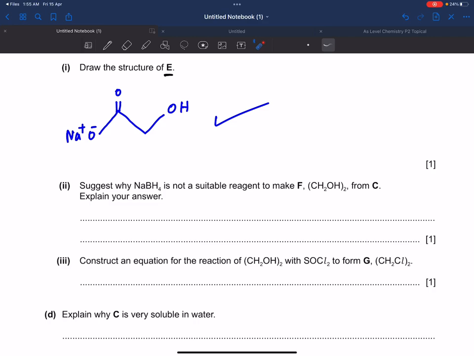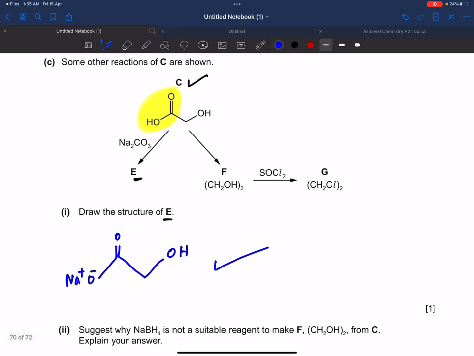Sorry for the noise. Okay. Suggest why NaBH4 is not a suitable reagent to make this from C. Explain your answer. Look, NaBH4 is not a strong reducing agent. So it will not be able to reduce this carboxyl group. It is very weak. So what we use is LiAlH4.